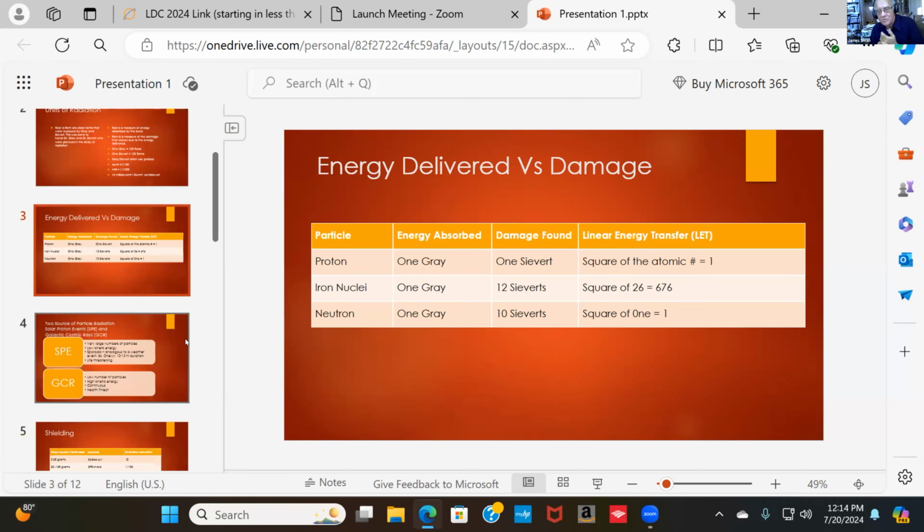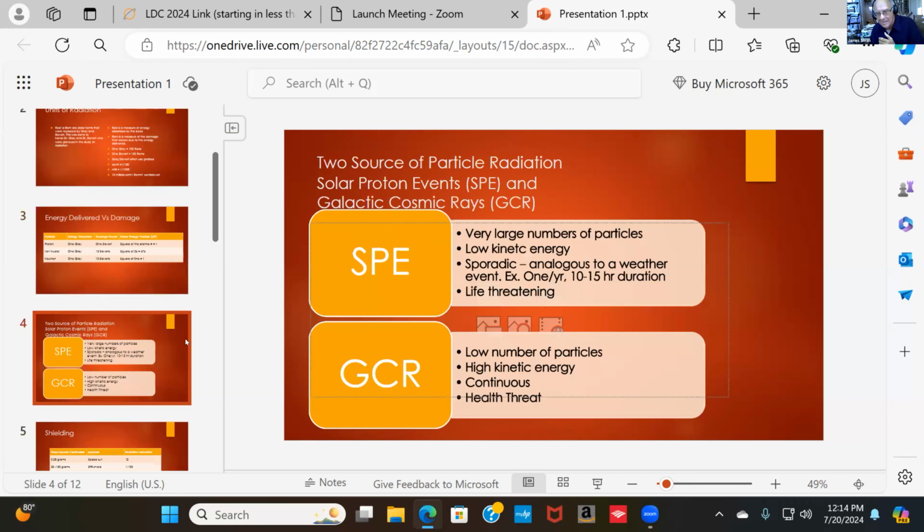Now, there are two radiations that we need to consider. The first is solar proton events, and the second is galactic cosmic ray radiation. So, with solar proton events, they're characterized by very large numbers of particles, but they also have low kinetic energy particles. They typically are on the lower end of the energy scale.